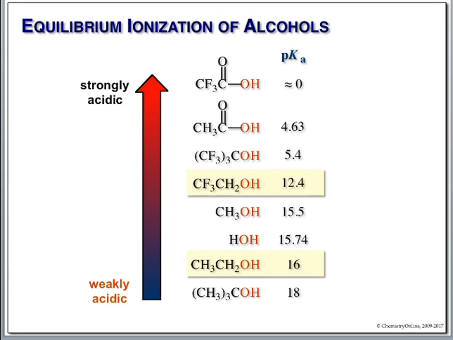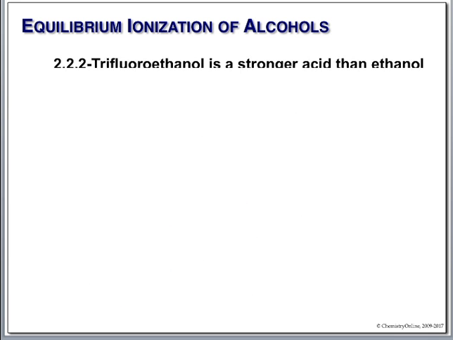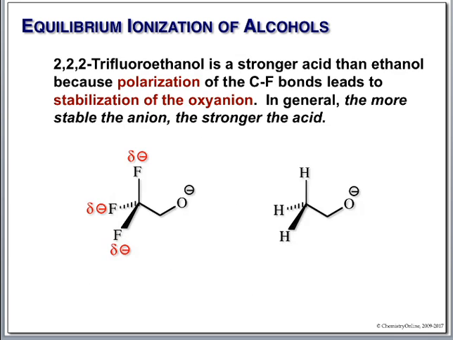For an example, let's look at ethanol and trifluoroethanol. pKa of 16 and 12.4. So about 10,000-fold difference in acidity. The reason for this is that the oxyanion here is going to be more stable when we have these fluorine groups.